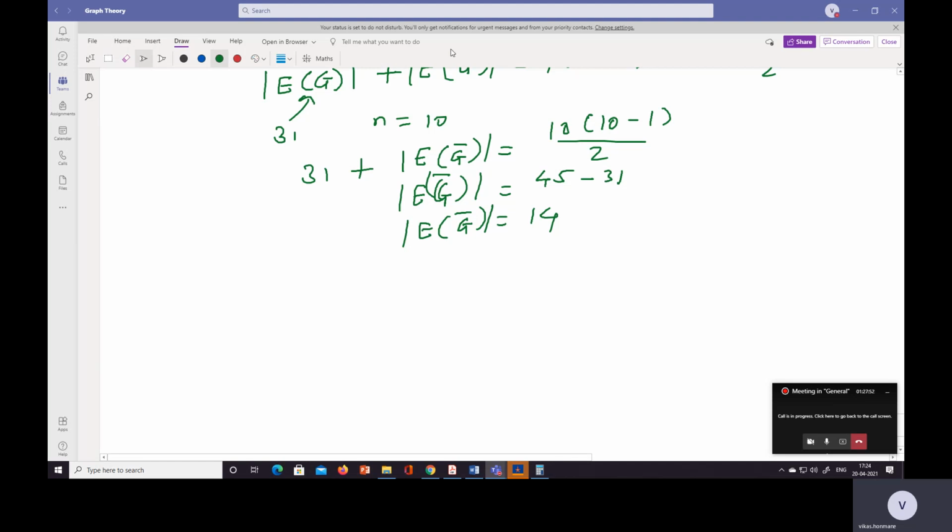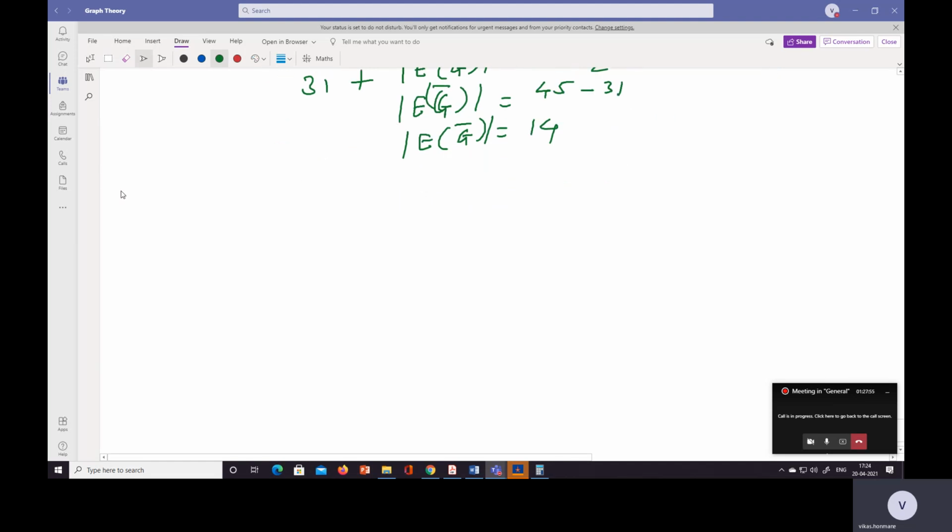Then the second question: here it is given that E of G is equal to 35 and E of G bar is equal to 43. Find the number of vertices.